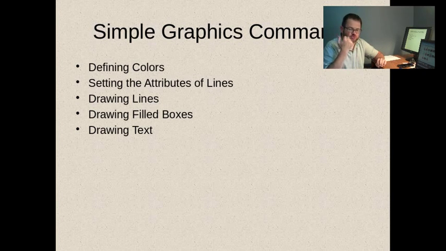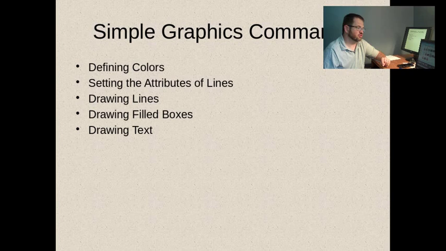We're going to need to describe what we want these lines to look like: how thick the line should be, should they be solid, should they be dashed. How to actually draw a line, how to draw filled shapes or outline shapes, and how to write text on the screen. Because those are all things at some point you're going to need to do. You're going to be able to draw lines that make maps, that make outlines of states and so on.